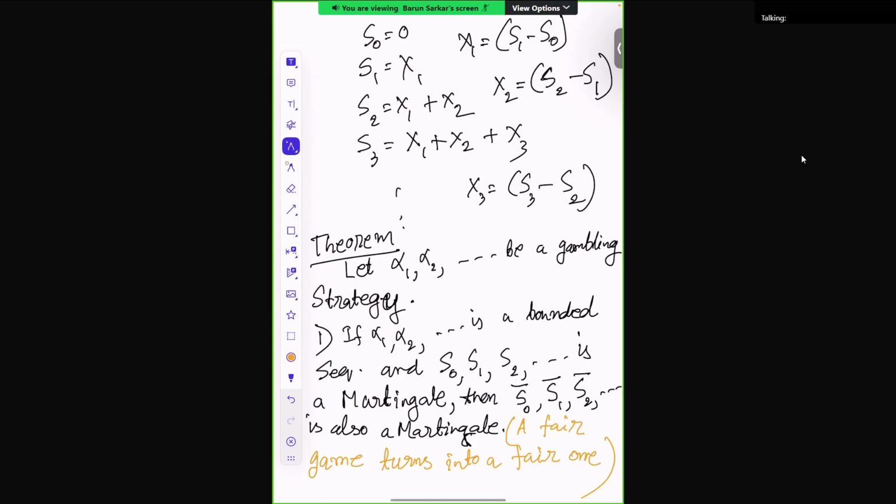You must realize that we are talking about the fairness of the game, not about the winnings or losses or who will win or lose. Suppose you are tossing a coin. If head and tail come with equal probability, that means head comes with probability half and tail comes with probability half.